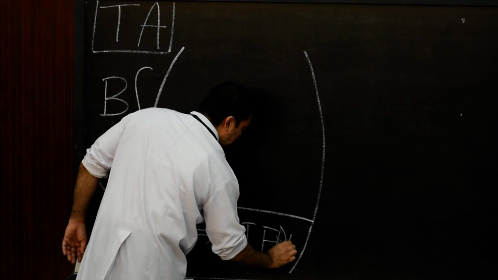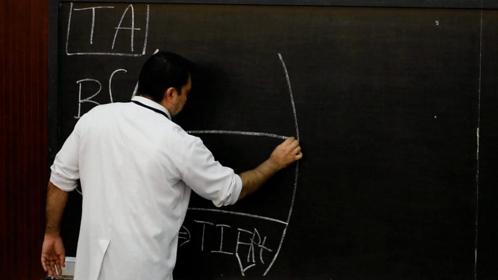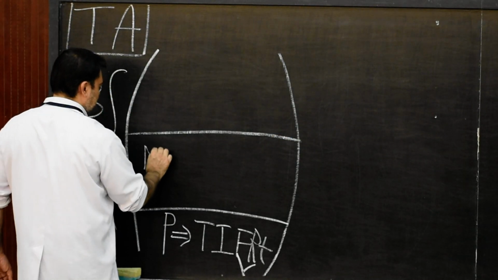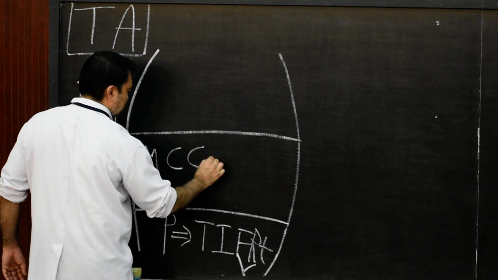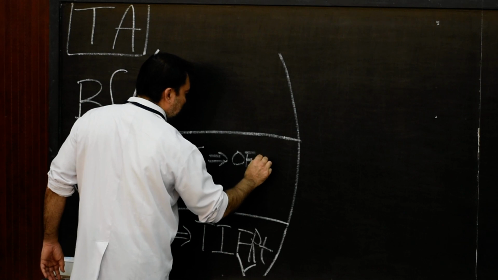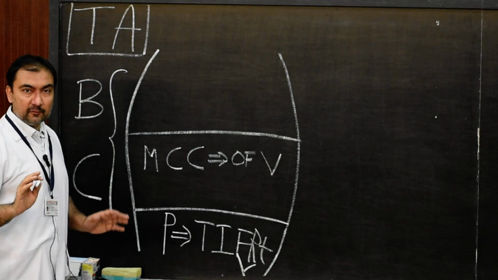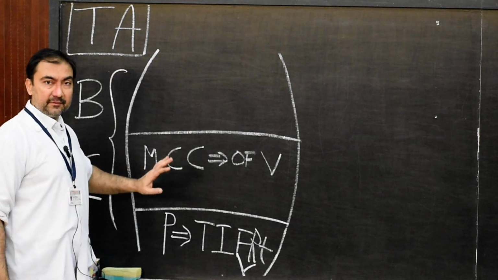Right ventricle. What about the middle part? The middle part will develop into conus cordis, and conus cordis is the outflow tract of both the ventricles, right and left. We have seen this in the previous segment.